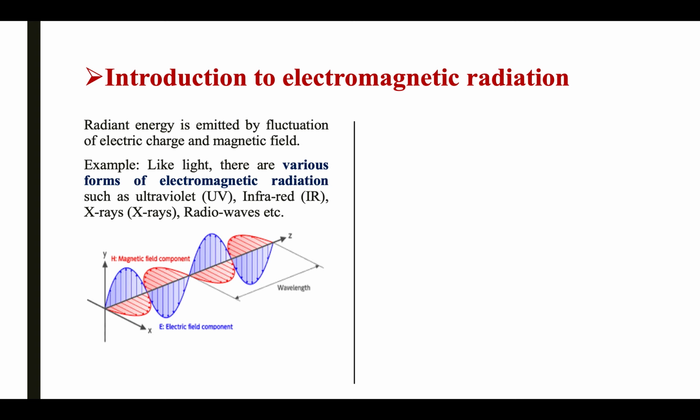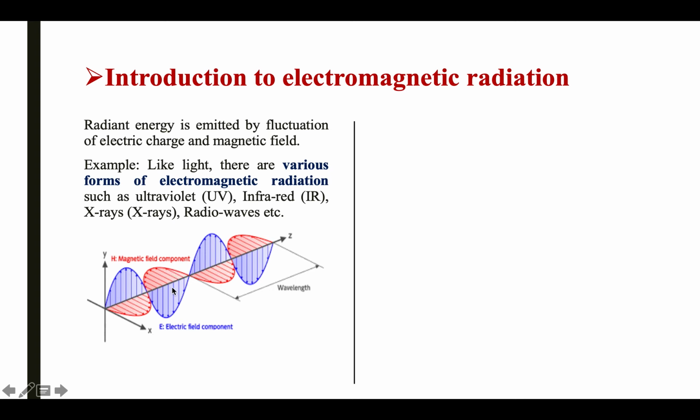So there are X and Y components in between. You will have two different waves, which are generally sine waves. These blue lines correspond to the electric field component and the red lines relate to the magnetic field component.